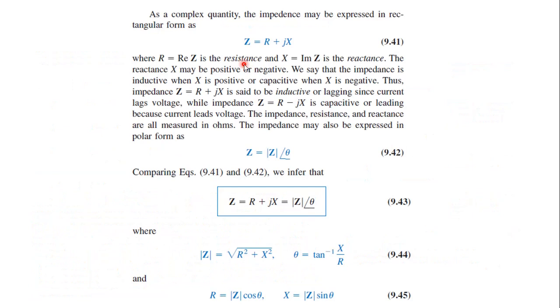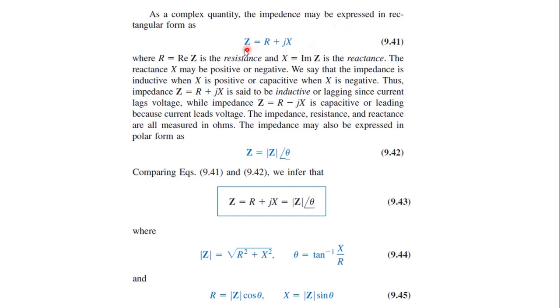So next we'll try to express this impedance in terms of a complex quantity. We know that a complex number can be expressed in phasor form, rectangular form and exponential form.